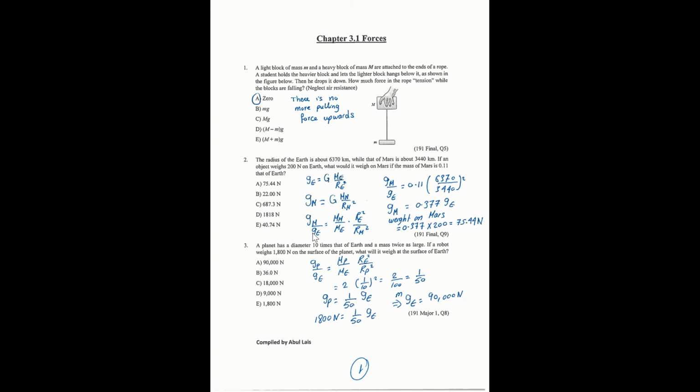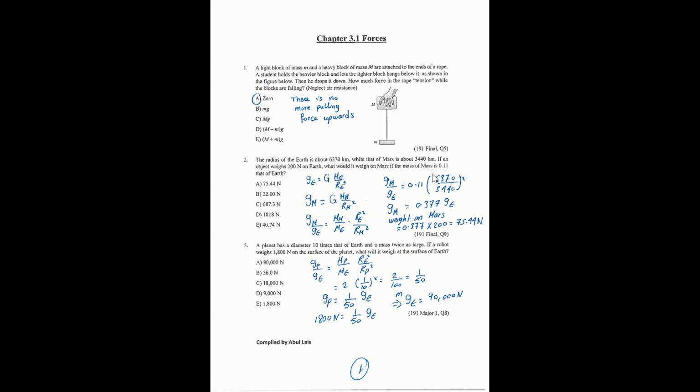Then I can divide these two equations, Mars over Earth. So the capital G will cancel out. Then I will end up with mass of Mars divided by mass of Earth multiplied by R Earth squared divided by R Mars squared.